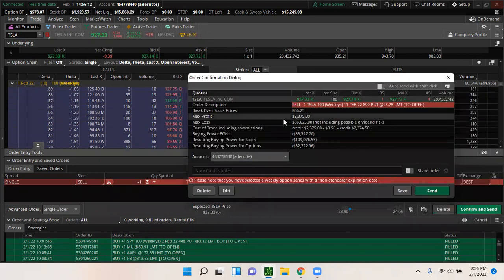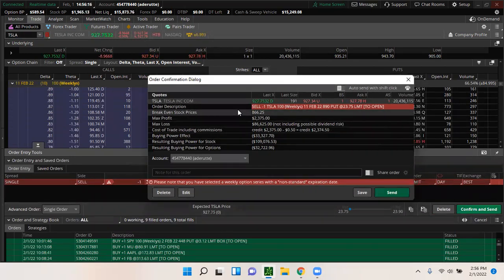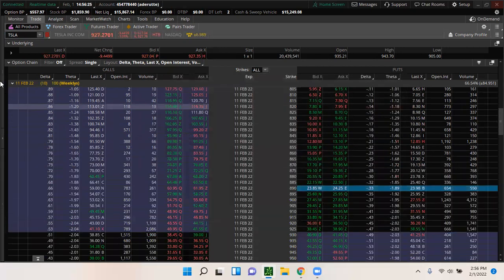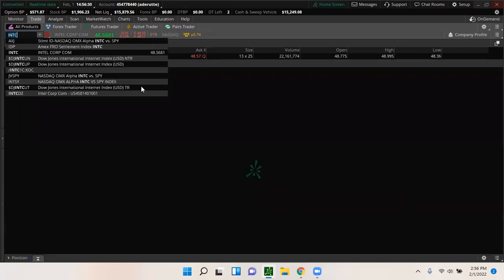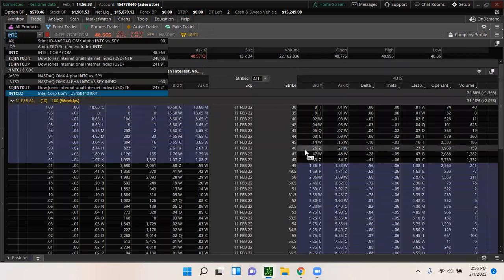Assuming that you have the funds to do this, if it's a stock that you want anyway, sell puts, because if the price doesn't get there, you're going to be collecting $2,300 each time. And if it does, it's a stock that you want anyway. But Tesla's an extreme example. Even with Intel, if you do the same thing, you could collect $50 a week, every week. It's pretty nice.